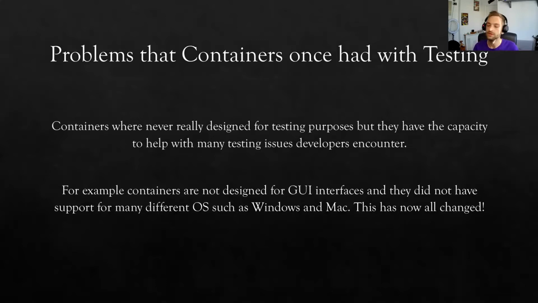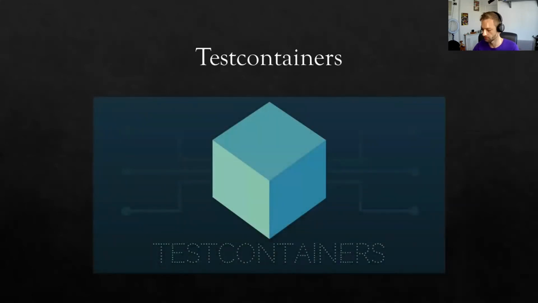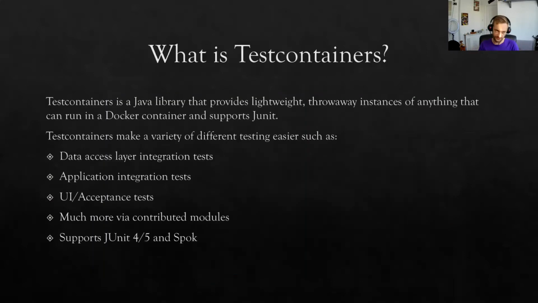They were never designed for graphical user interfaces, and they didn't have support for all the different operating systems, such as Windows and Mac. Whereas now that has completely changed. Testcontainers do support all the major operating systems. They are great for testing, they are portable, and they do support graphical user interfaces now.